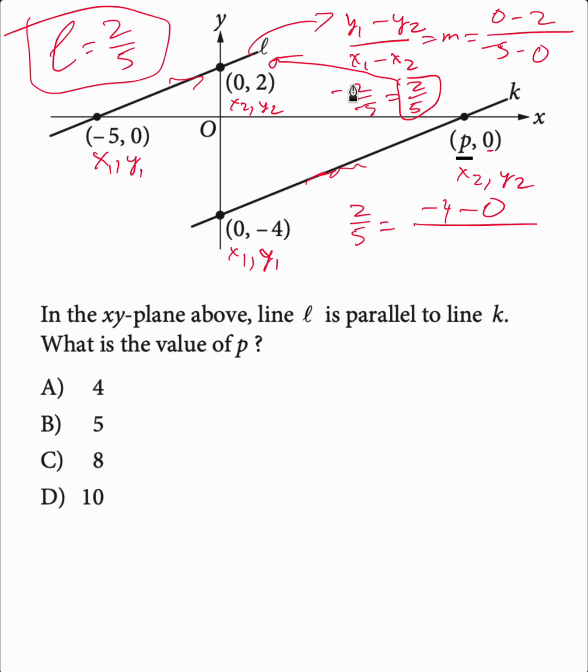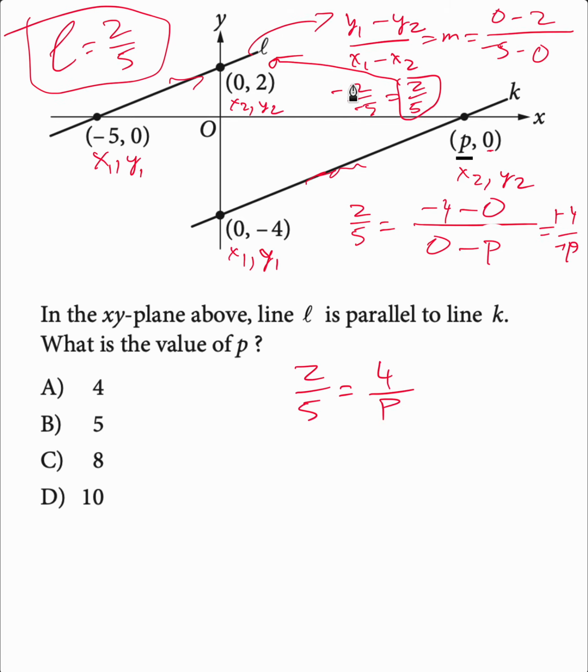And then X1, which is 0, minus P. So now we have -4 over -P. The two negatives cancel out, so 2 over 5 is the same thing as 4 over P.